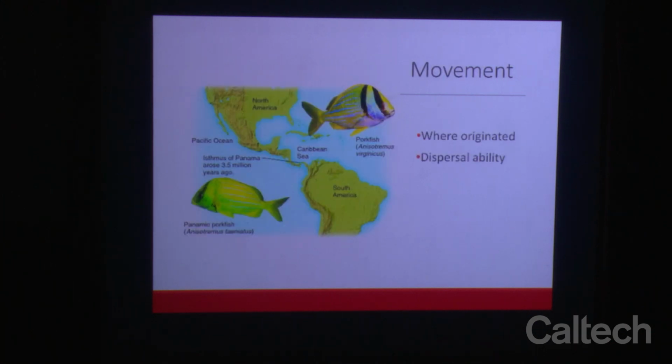Okay. So really important here is also thinking about movement. When we think about the geographic components in niche space, movement factors are really critical, and these are often historical biogeographical considerations.